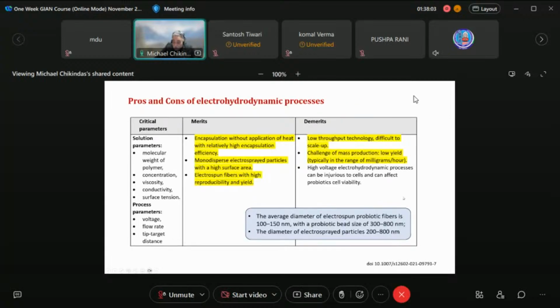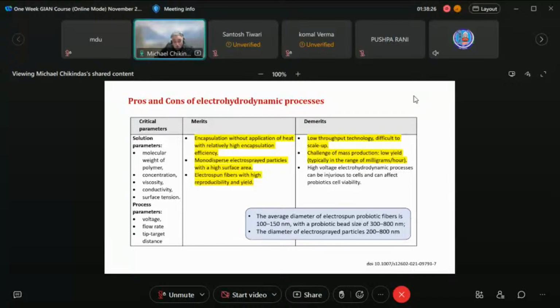Pros and cons of the method. Parameters: I wouldn't say molecular weight of the polymer is that critical because it can be modified, it can be selected based on the desired application that you want to achieve. Viscosity, an issue.